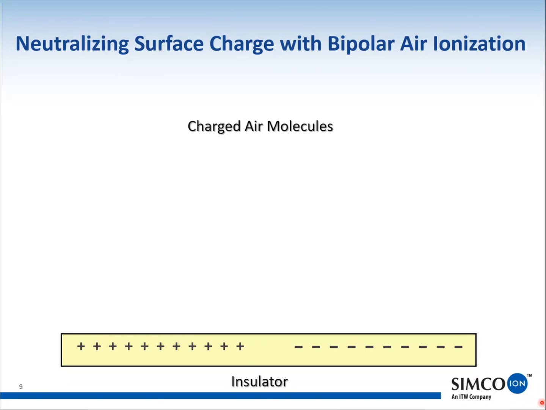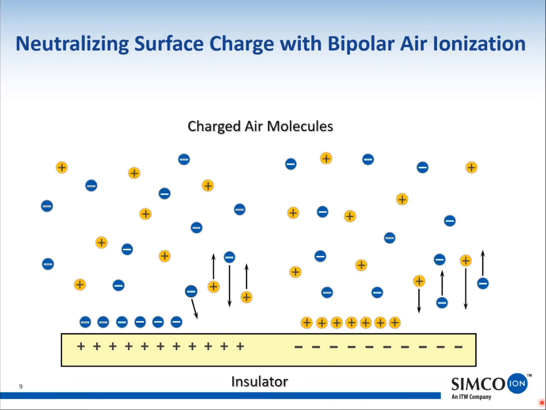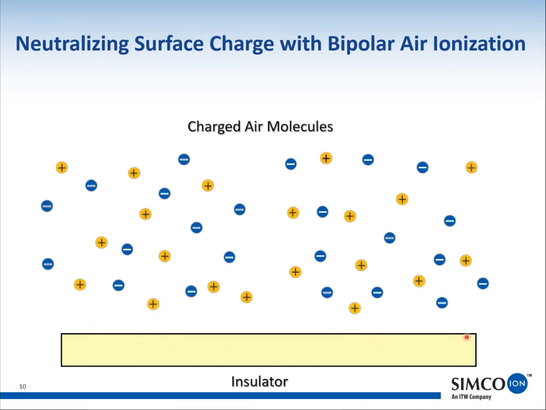So the goal of an ionizer is to create a whole bunch of negative and positive ions in the air around it, and of course opposites attract. The positive charge on the insulator will attract the negative ions, and vice versa. The negative charge will attract positive ions and neutralize the charge on the insulator. We provide billions of ions to do this in a typical ionizing environment.